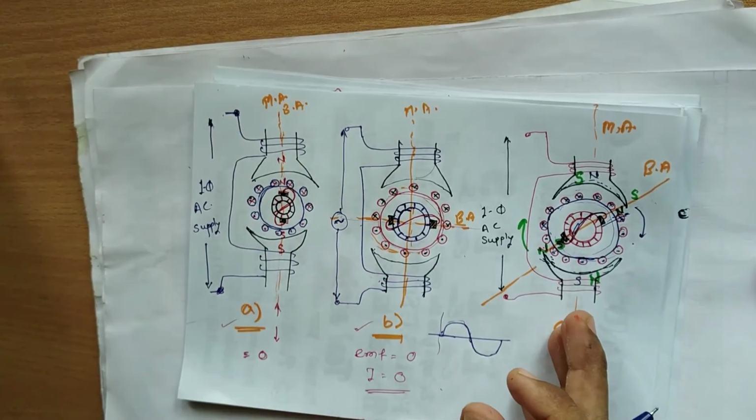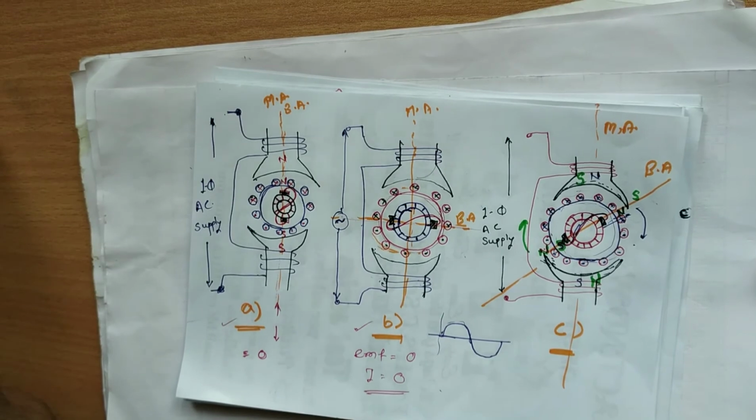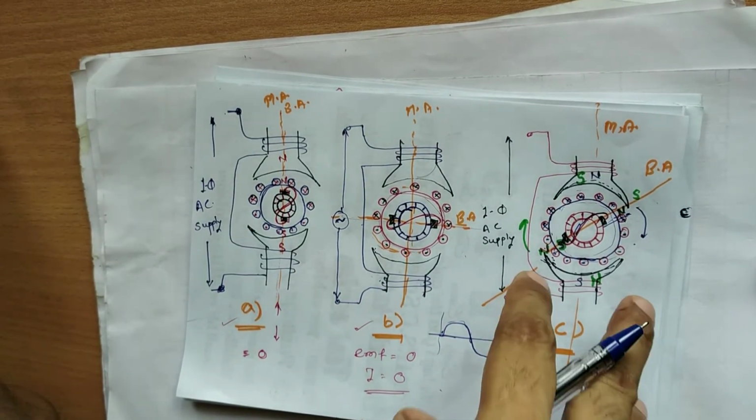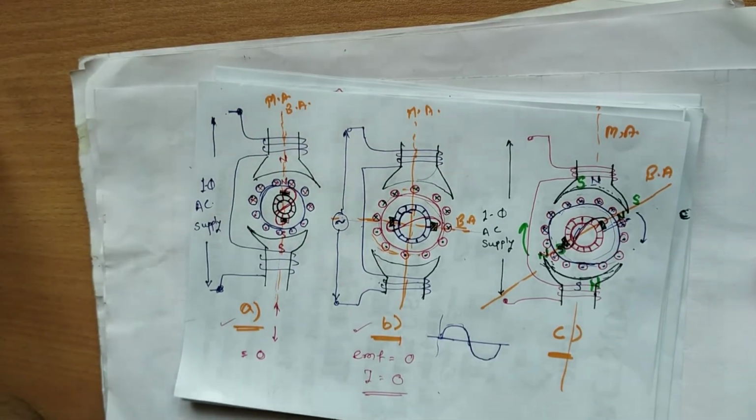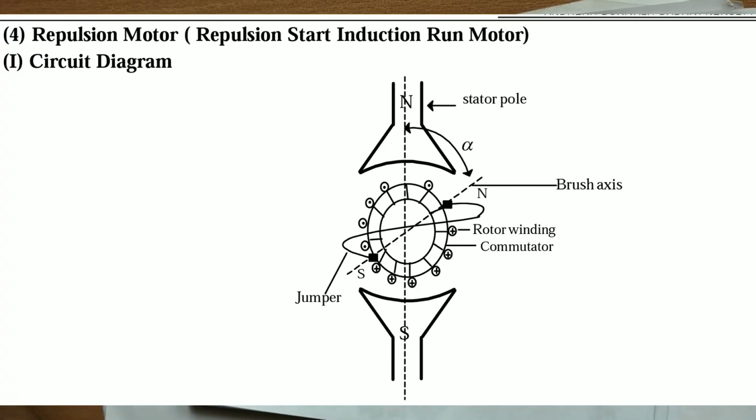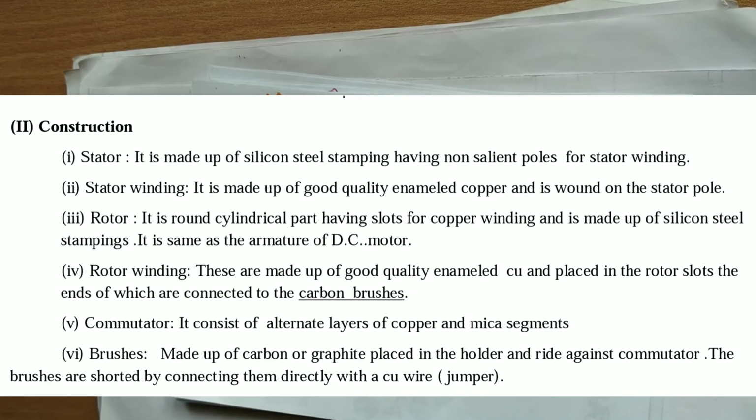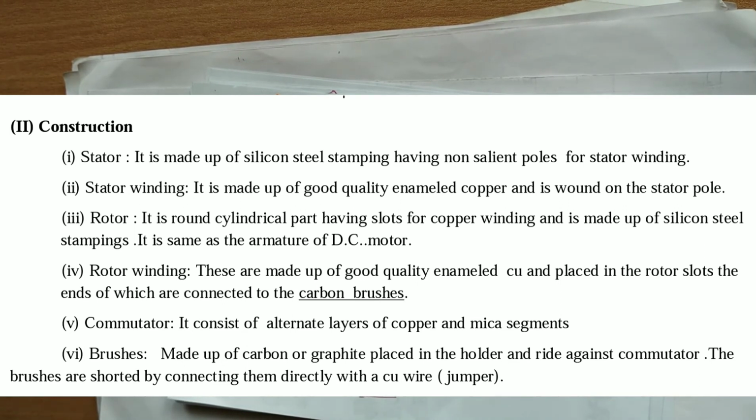So of course there are some different kinds of applications based on this, because the speed is very high and some applications require very high speed. At those applications you can use the repulsion motor. For example, you must have seen mixing machines, floor polishing machines, and cutting machines where very high speed is required.